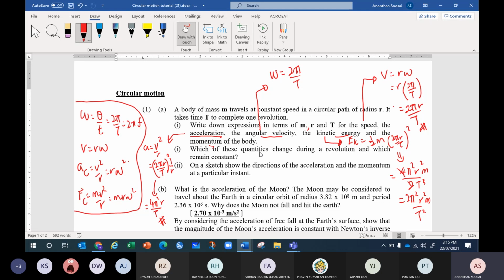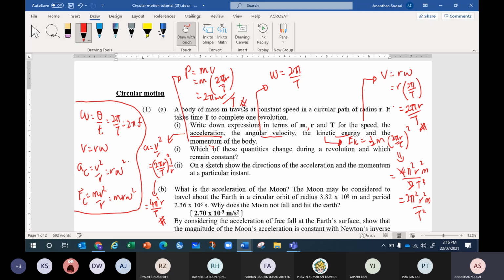Finally, momentum. Momentum, you know, is m v, but v is again, we know, 2 pi r over t. So it's actually 2 pi m r over t.